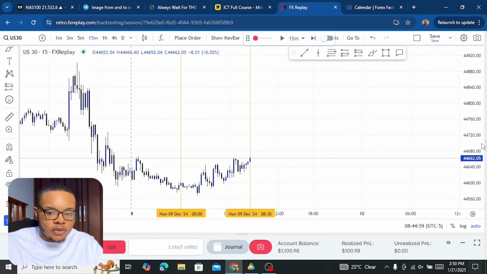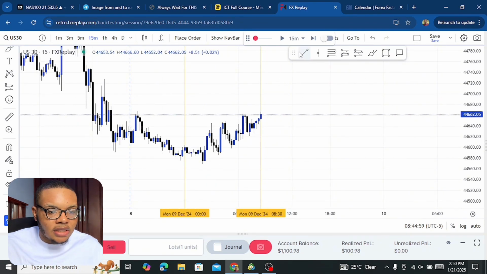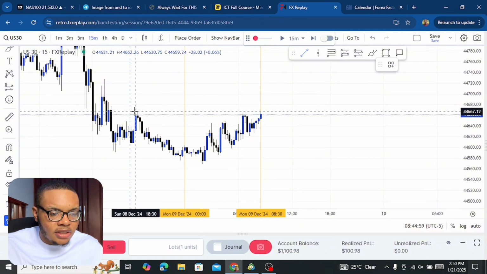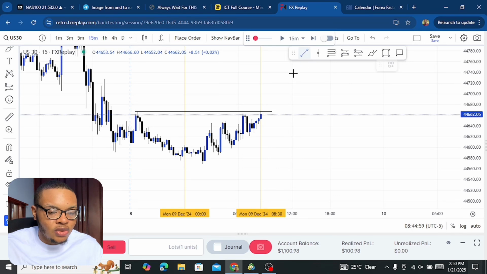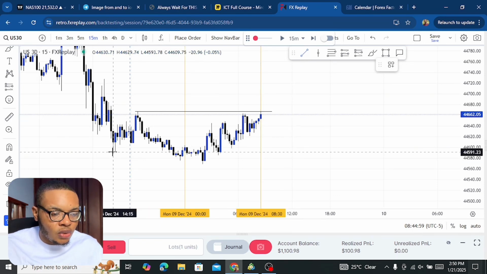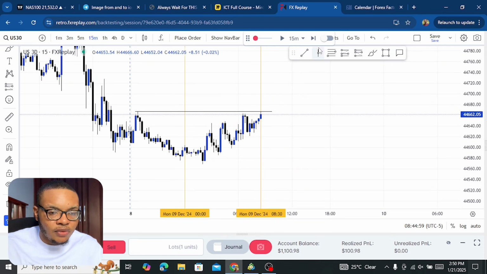Okay, clearly at 8:30, I see us running overnight highs. We're already running London highs, but this Asian high, which also stands as the overnight high, is yet to be run. So let's use that. The previous day's low has been taken in Asia, so we don't need to use that information.